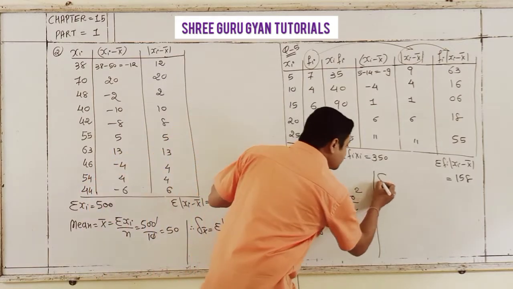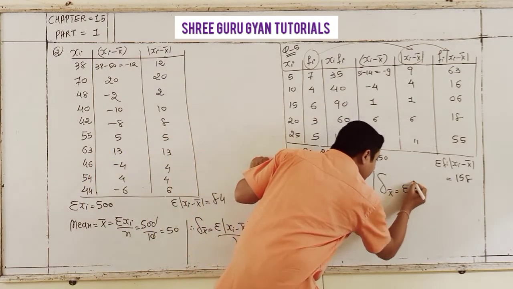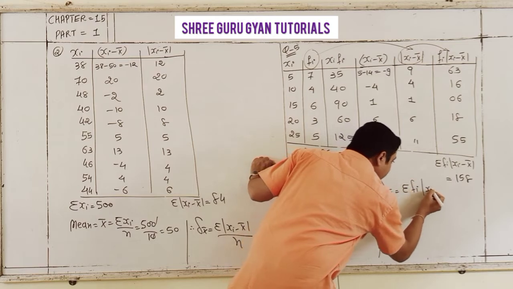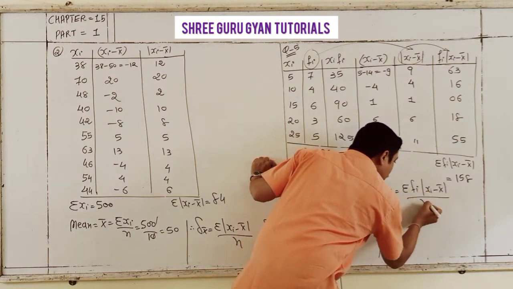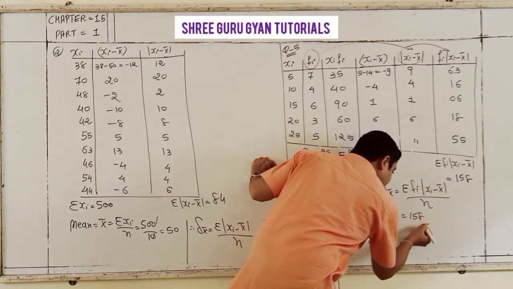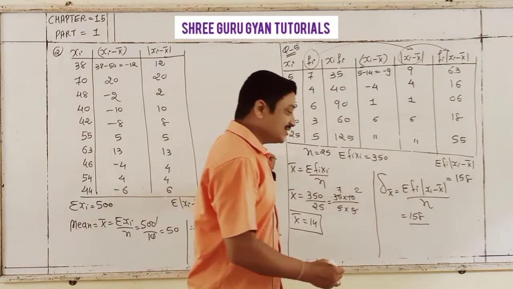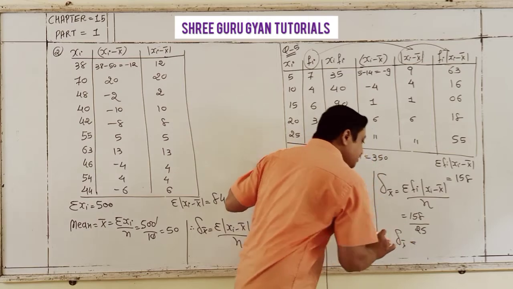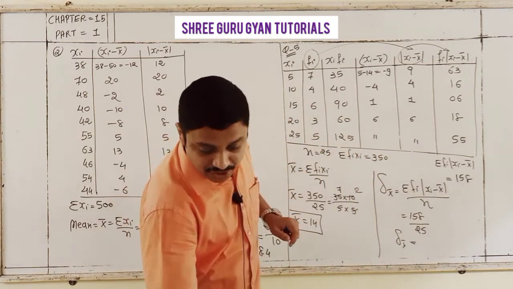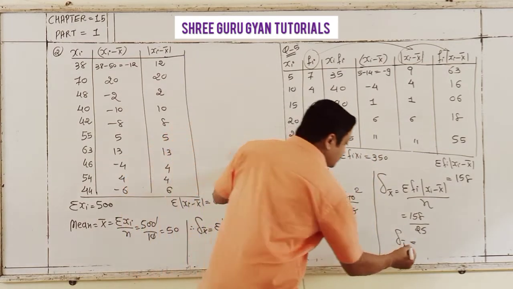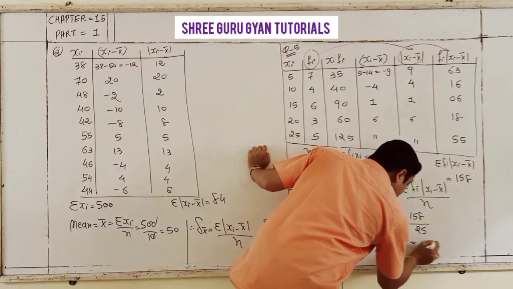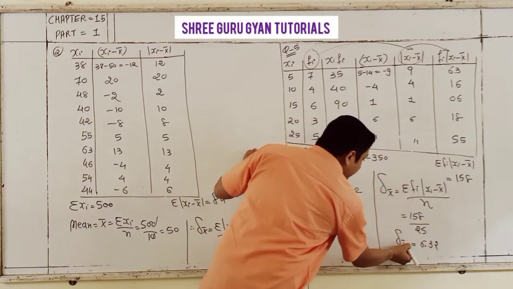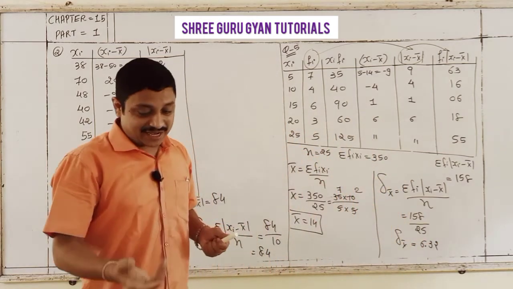So mean deviation about the mean is sigma fi modulus of xi minus x bar upon n, which is 158 upon 25, and using simple division you will get the answer 6.32 approximately. Then you easily get your answer done.